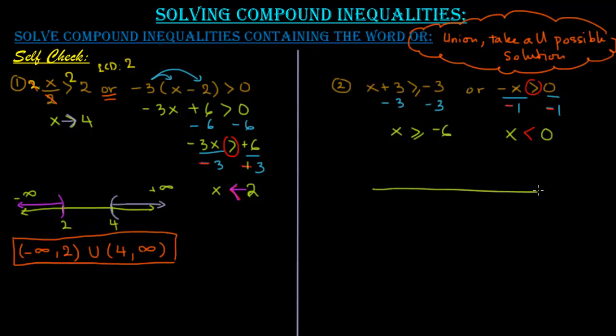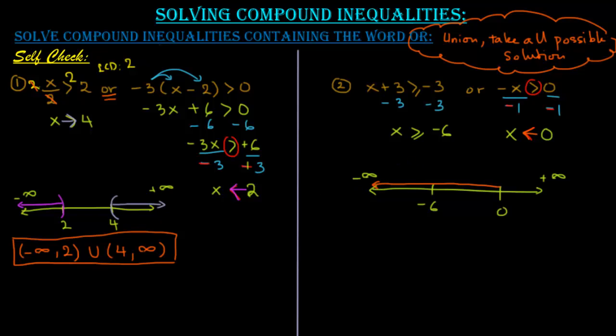Now we put both of them on the real number line. Mark 2 points. -6 is smaller than 0, so -6 goes first, then 0. Put the tail of the inequality at 0. That point goes to the left.